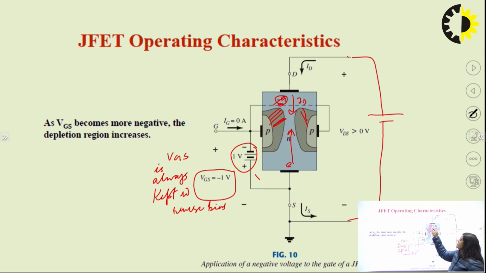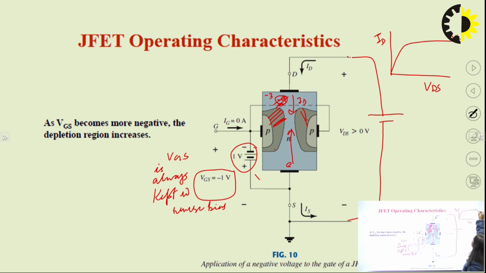So this situation will be attained only at the -3 potential, because -1 is provided by this VGS. So this depletion layer, this pinch off region, will occur in a shorter time in comparison to the previous case. Previously we have seen VDS and ID.